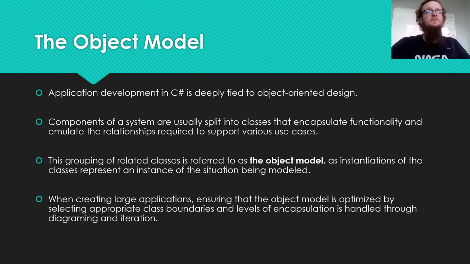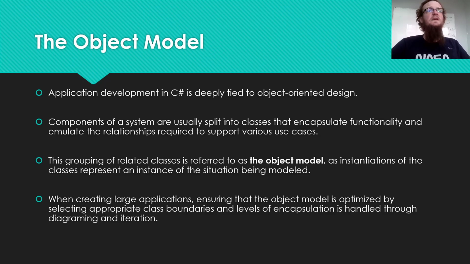So this is particularly important when you're trying to create a very large application, and the job of a software architect is to go in and make sure that the object model itself is made as efficient as possible by setting up what are called class boundaries and ensuring that the level of encapsulation, so the amount of business logic that is put inside of each method, is reasonable. And so reasonable gets giant air quotes because it's kind of a contextual situation.